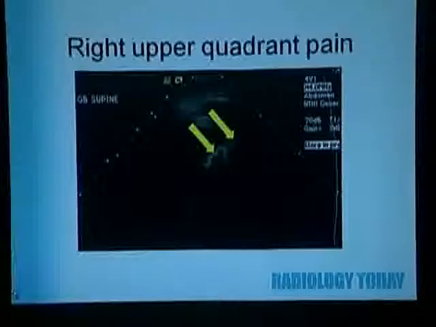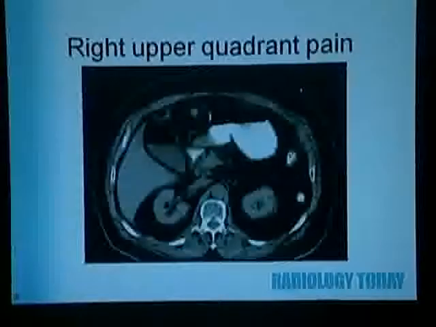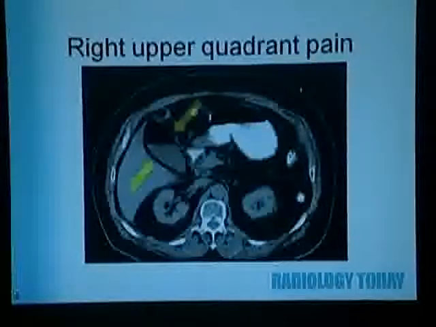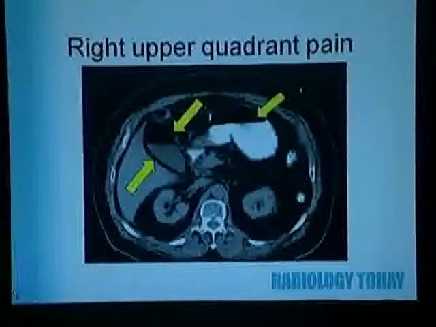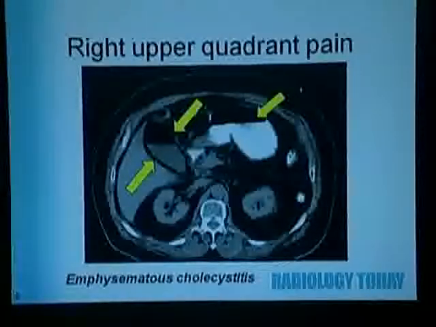But not in this case. This isn't a true wall echo shadow complex. This raised the concern of a particular diagnosis, and CT was obtained. You can see that the entire gallbladder wall is outlined with this gas attenuation, which is similar to the non-dependent gas in the stomach. This is a diagnosis of emphysematous cholecystitis, which is typically seen in very sick diabetic patients.